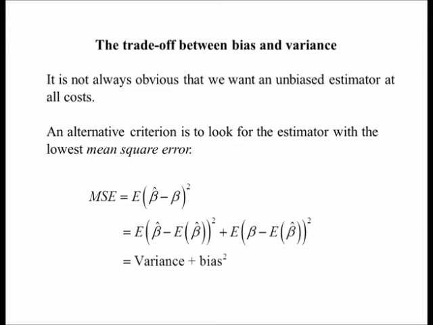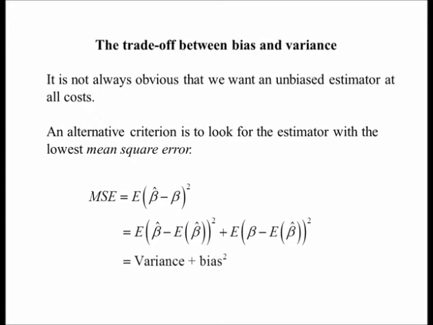What I want to speak about now, though, is this issue of the trade-off between bias and variance. Now, you're probably all used to thinking unbiased estimates are good, biased estimates are bad, or in large sample terms, consistent estimates are good, inconsistent estimates are bad.